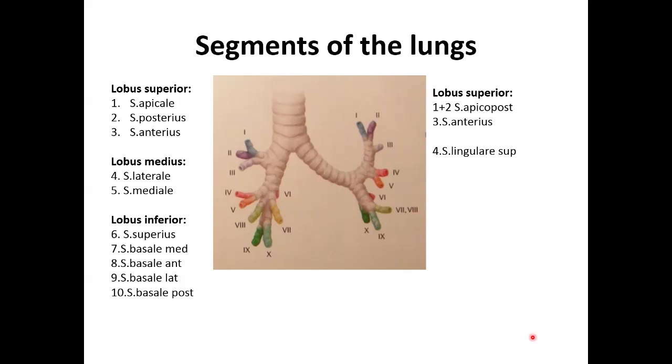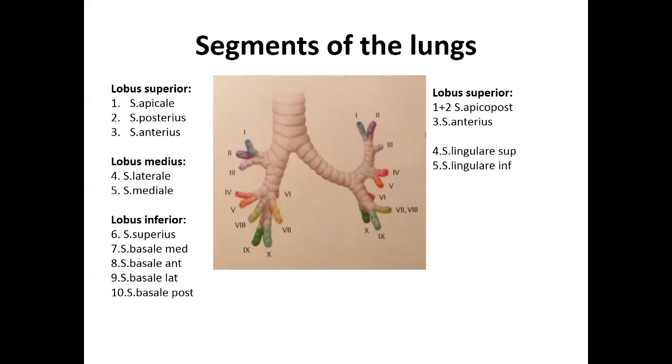Lingulare in Latin means that it has the shape of a tongue, small tongue. Segmentum lingulare superior corresponds to segmentum laterale of the right lung. And number 5, segmentum lingulare inferior corresponds to segmentum mediale of the right lung.